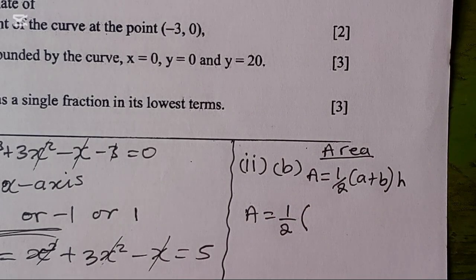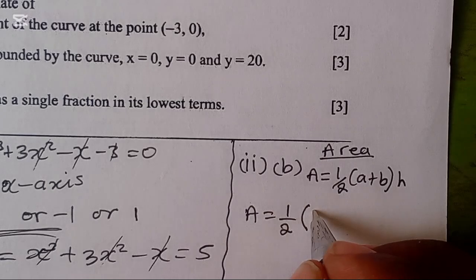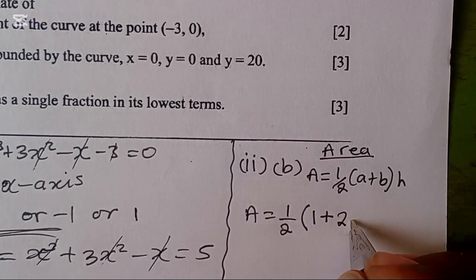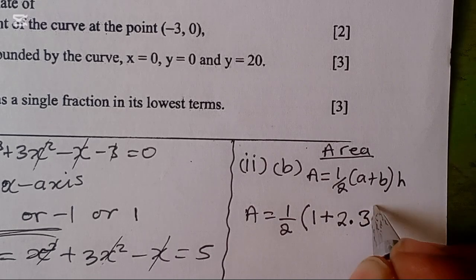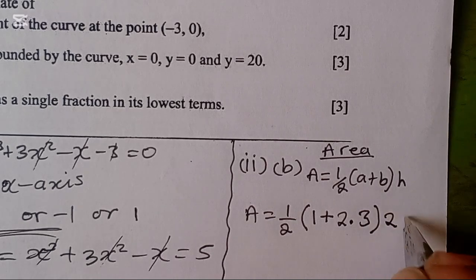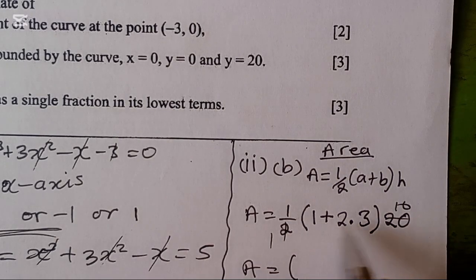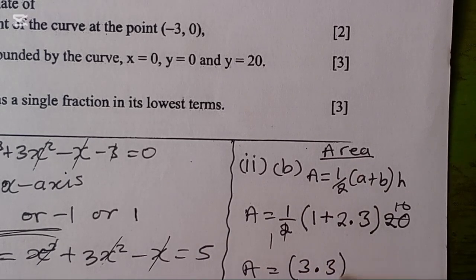So the value for A is 1, the value for B is 2.3, the value for height is 20. So 2 there is 1, 2 there is 10. So area is equal to 1 plus 2.3, it is 3.3 times 10. So area is 33 units squared.